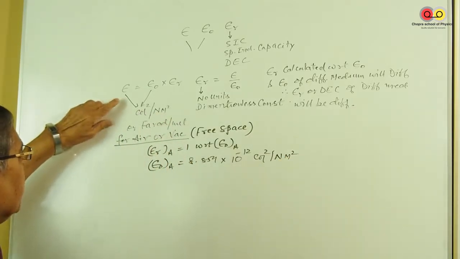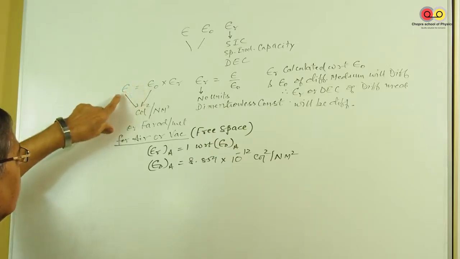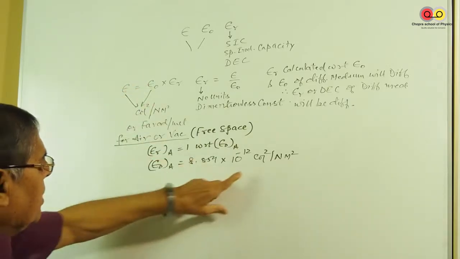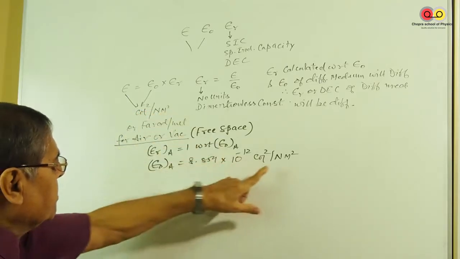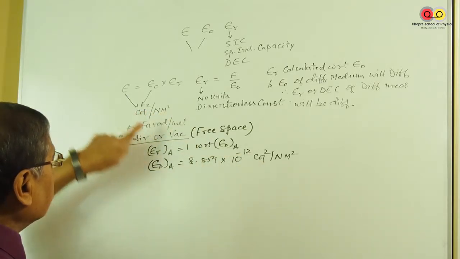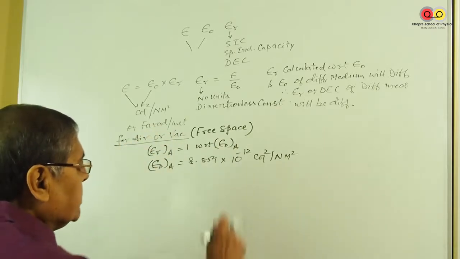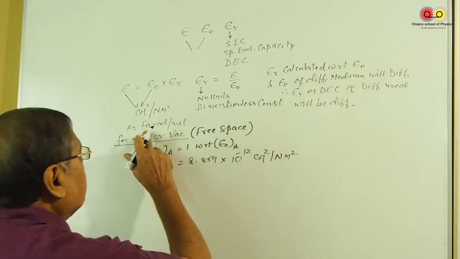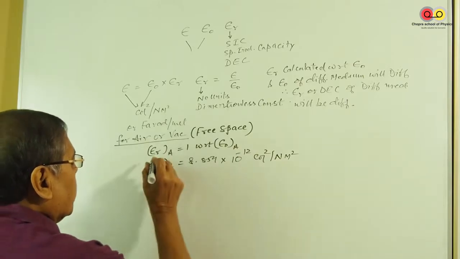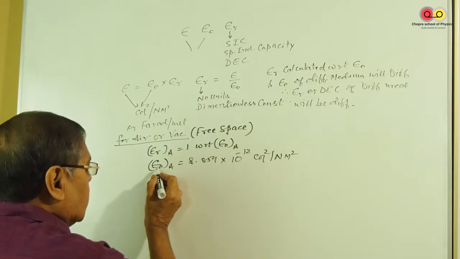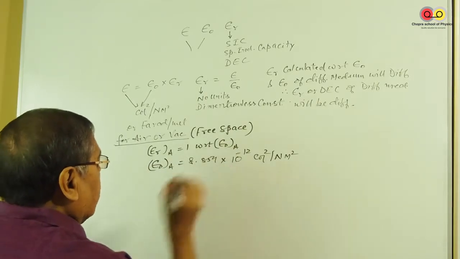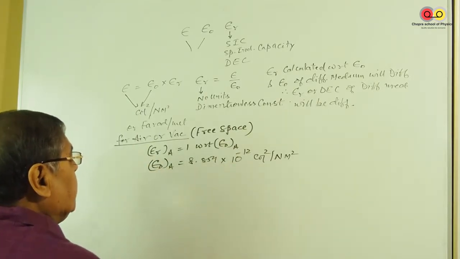So here I have written epsilon and epsilon naught in Coulomb square per Newton meter square, or the other unit was Farad per meter. So instead of using this unit, we can use this unit also. So relative permittivity of air is 1 with respect to absolute, and absolute permittivity of air is this one. Now what is permittivity of air?